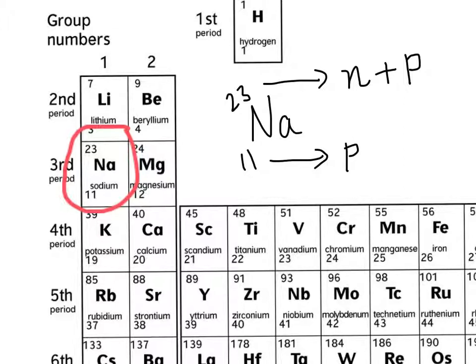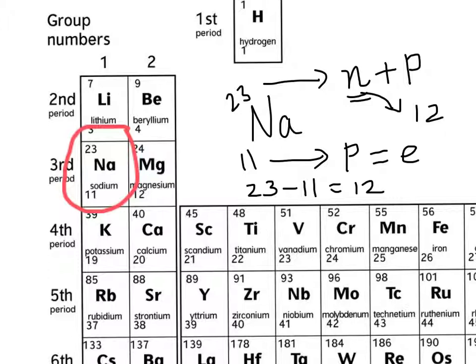It is important to remember that the smaller number is the number of protons, and it is also equal to the number of electrons. So I'm going to write it here as the same as the number of electrons. If you want to know the number of neutrons, all you have to do is take away the smaller number from the bigger number. So it's 23, take away 11, that gives you 12. So you have 12 neutrons.